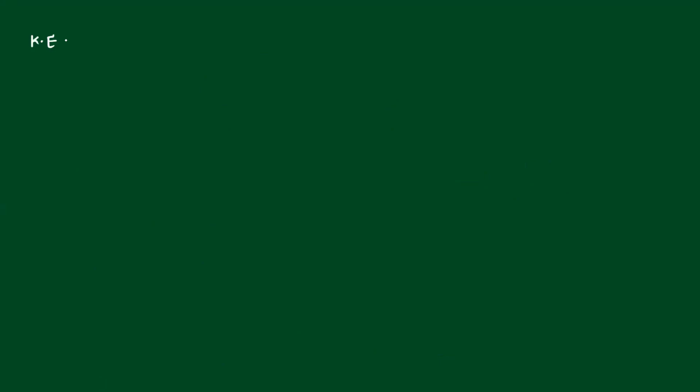So the total kinetic energy before impact is equal to the kinetic energy of mass A, half ma Va square, plus the kinetic energy of mass B, half mb Vb square.